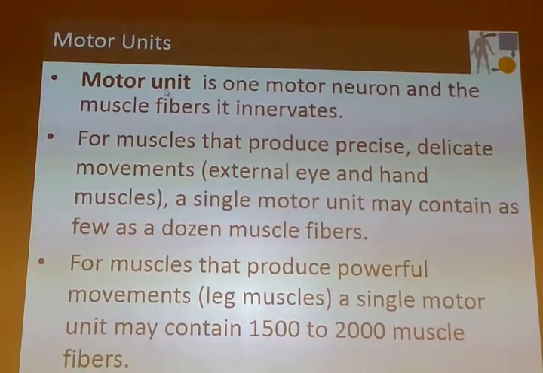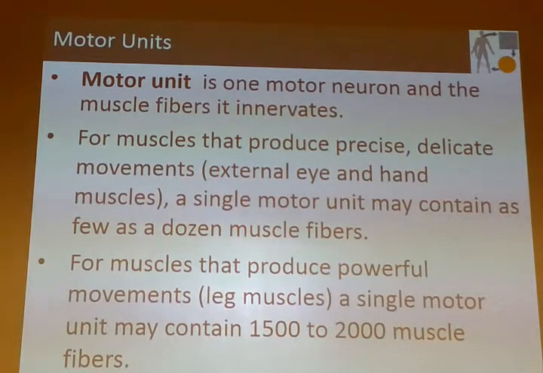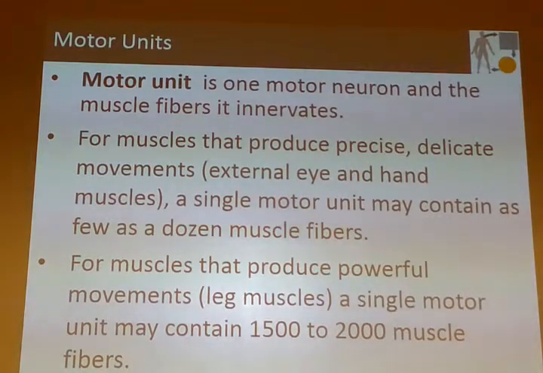So motor units we've defined in Martini as one motor nerve. Specifically, what kind of nerve? Alpha motor neuron.